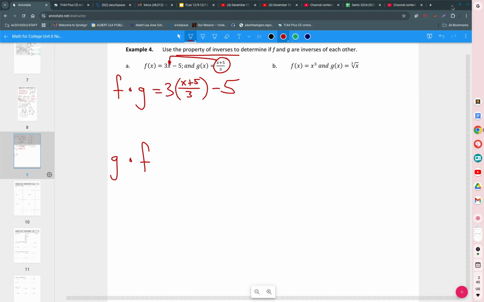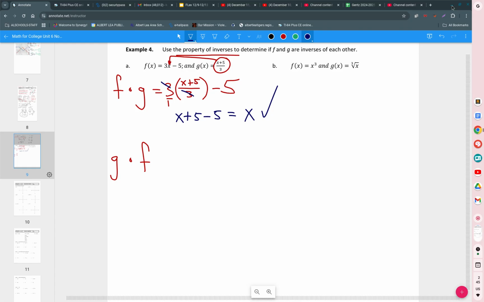Notice that as I'm multiplying by 3, this is like a 3 over 1. If I multiply, the 3 on top and the 3 on bottom will reduce. And I'll be left with x plus 5 minus 5. And what does x plus 5 minus 5 reduce to? X. Just x. That's good news. That means that they are probably inverses.